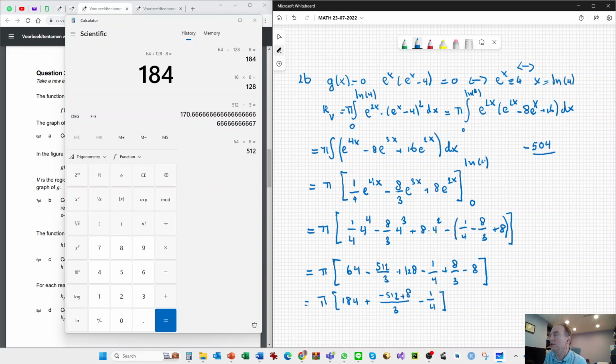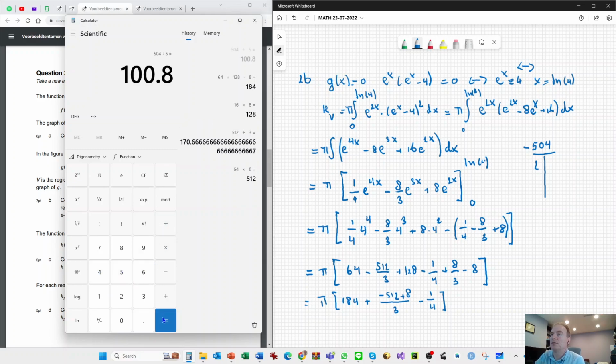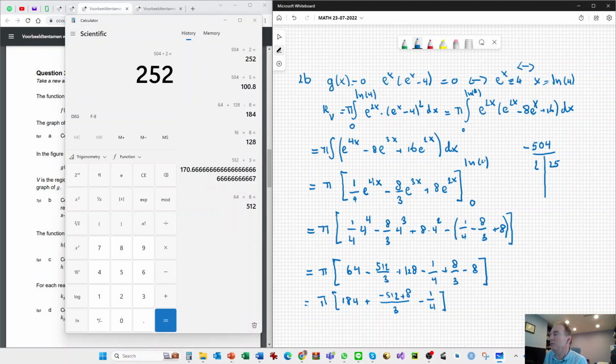So let's actually do the prime factorization. 252. 126. 64.